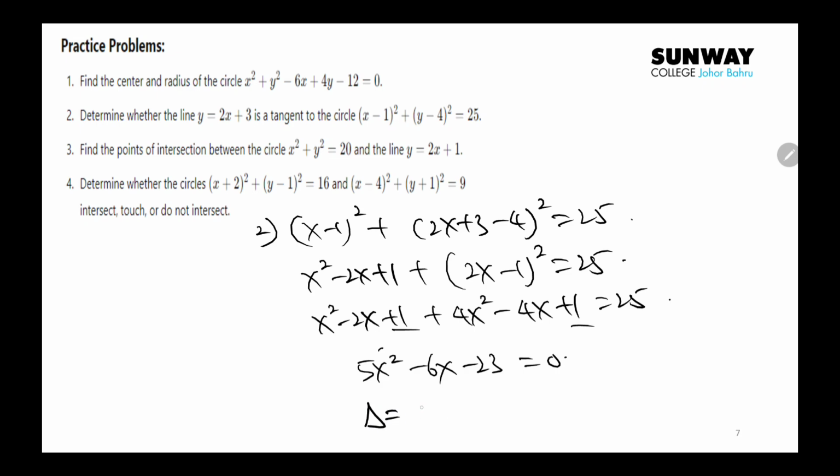The discriminant test tells us b squared minus 4ac.